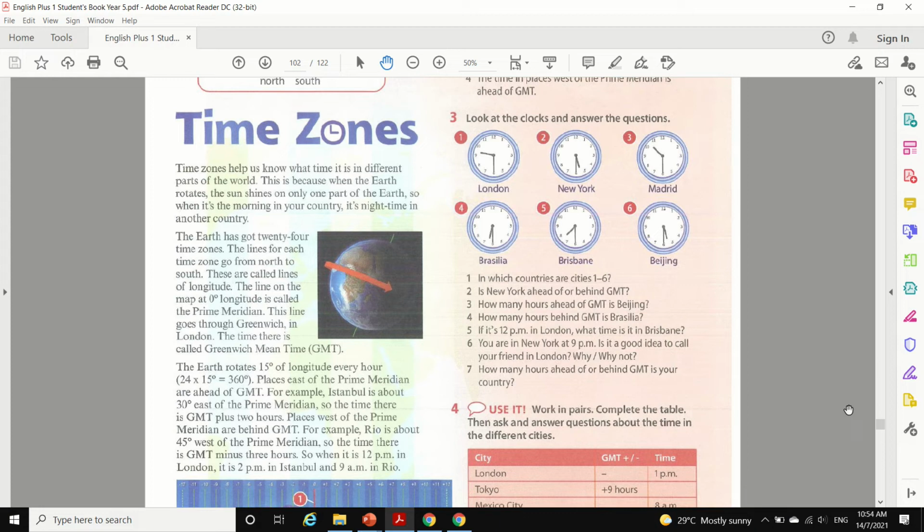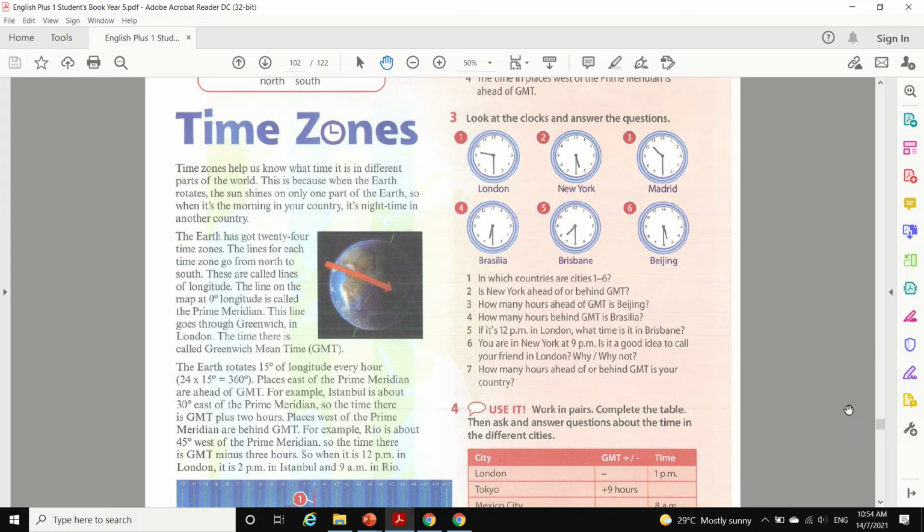The Earth has got 24 time zones. The lines for each time zone go from north to south. These are called lines of longitude. The line on the map at 0 degrees longitude is called the prime meridian. This line goes through Greenwich in London. The time there is called Greenwich Mean Time, GMT.